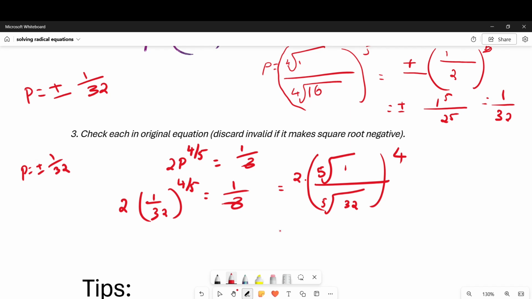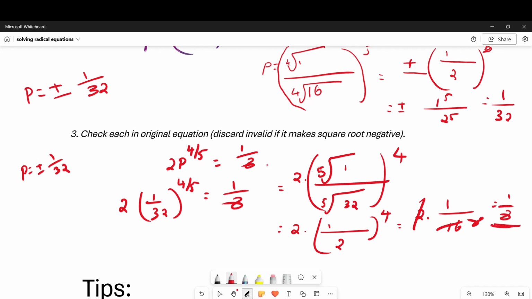The fifth root of 1 is 1, and the fifth root of 32 is 2. So equal to 2 times 1 by 2, all to the power 4. 1 raised to 4 is 1, 2 raised to 4 is 16. So cancel these terms against each other: 1 by 8. Yes, the answer is 1 by 8. Right hand side is correct.